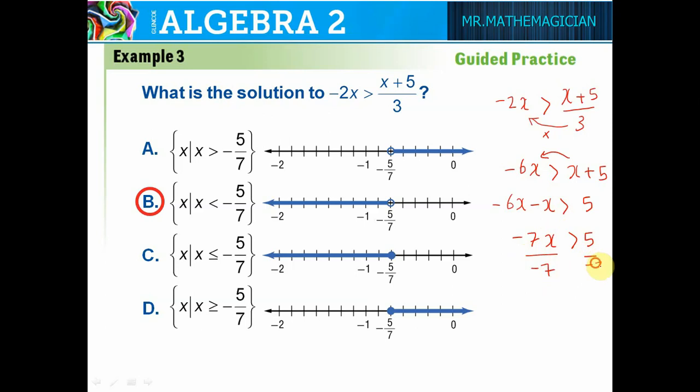Don't forget to change the direction of the inequality. So x will be smaller than 5 over negative 7, meaning negative 5 over 7. Smaller than negative 5 over 7 means we start at negative 5 over 7, open circle, going to the left. That's why the accurate choice is B. And of course it's an open circle because we don't have an or equal sign here.